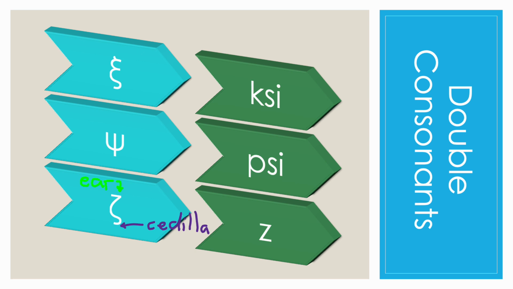The zeta has at the top, shown here in green, what's called an ear coming out the top, and underneath a cedilla, like you may have seen on the letter C in French, which indicates when it's a soft C. Zeta is considered one of the double consonants in Greek.